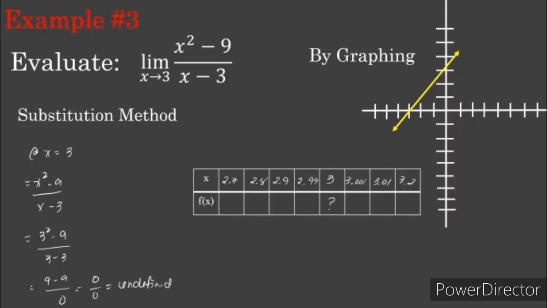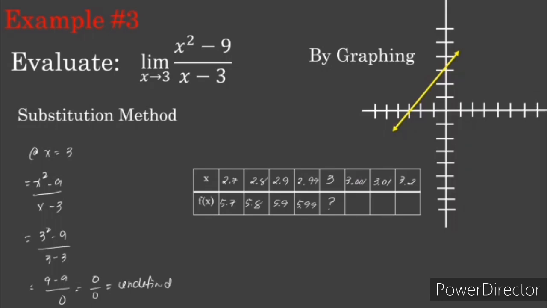Kapag sinubstitute natin si 2.7 doon sa value ng x dun sa function natin, ang magiging value niya ay 5.7. Kapag naman 2.8, it will become 5.8. Kapag 2.9 naman ay 5.9. Kapag 2.99 ay 5.99.